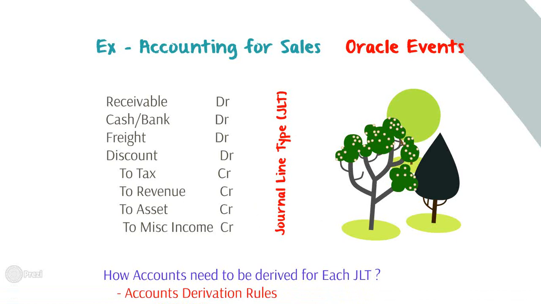You may have 4 segments, 5 segments, 6 segments. So from where should all these segments derive? I will say whatever is entered on the invoice, that liability code combination, you derive. So that is my derivation rule. The line type is liability. Whenever the line type is liability, from where should the system pick the account?